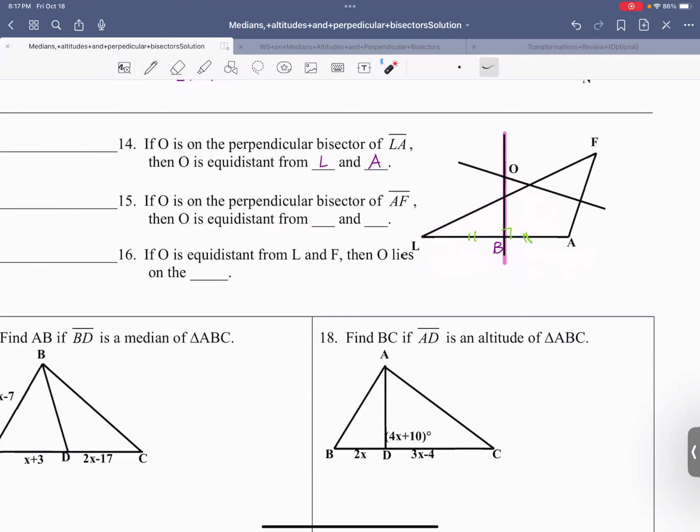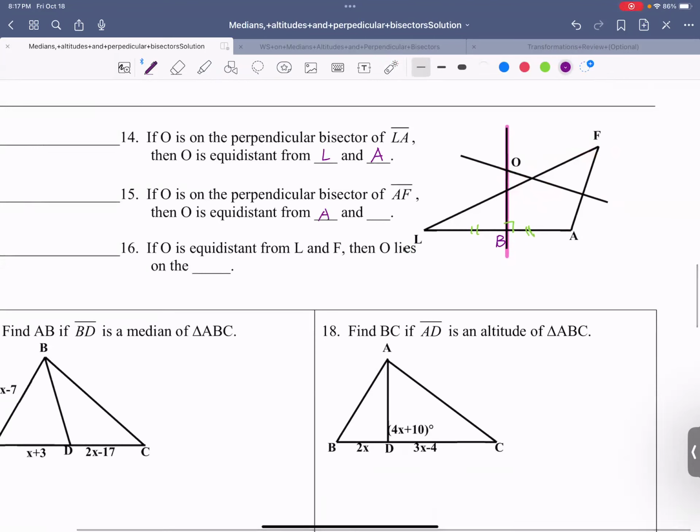If O is on the perpendicular bisector of AF, then O is equidistant from A and F. Yes. Next. Go ahead. If O is equidistant from L and F, then O lies on the perpendicular bisector of LF.